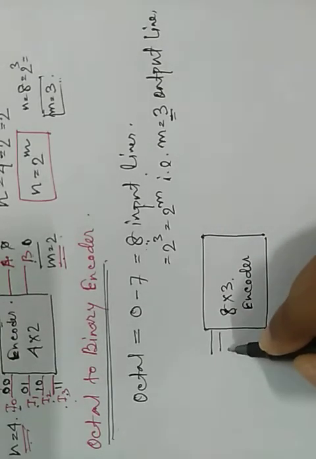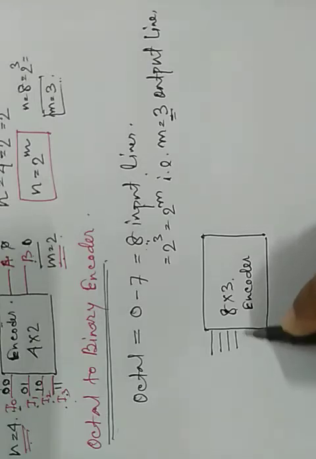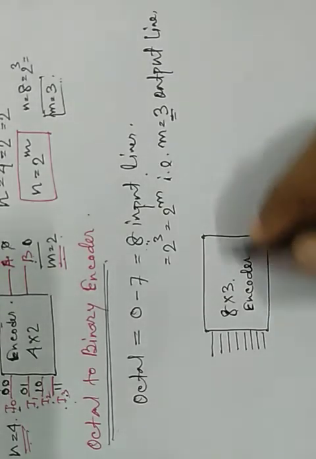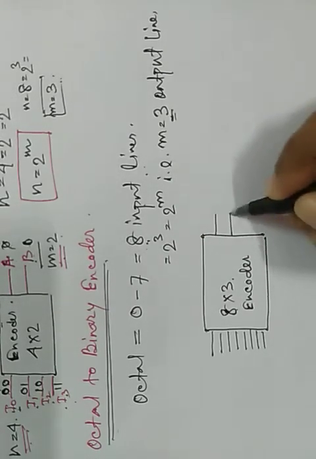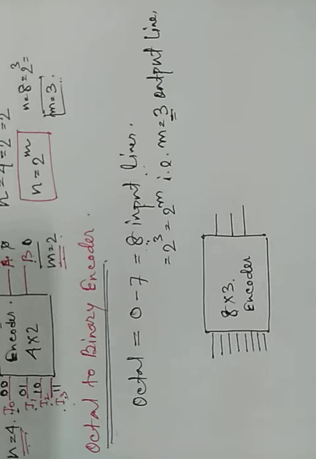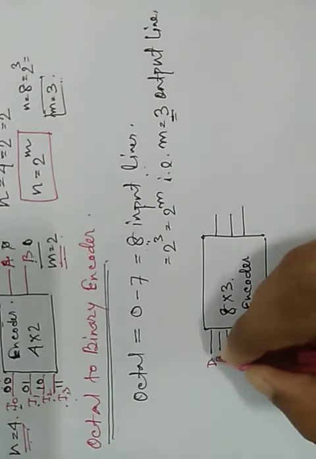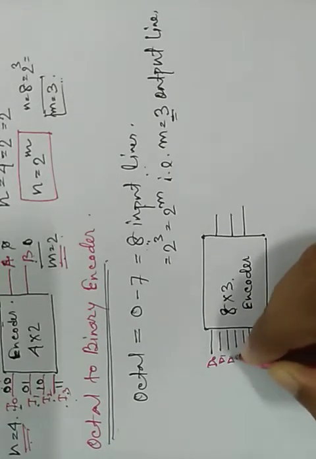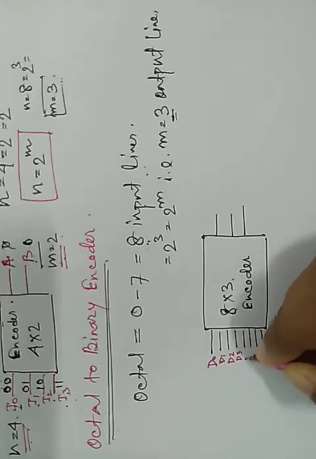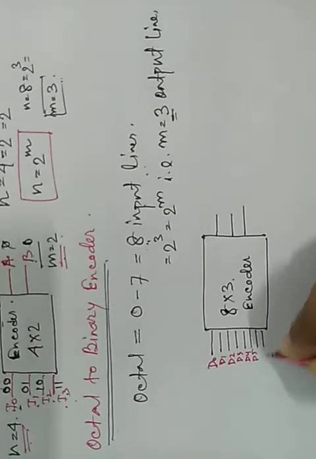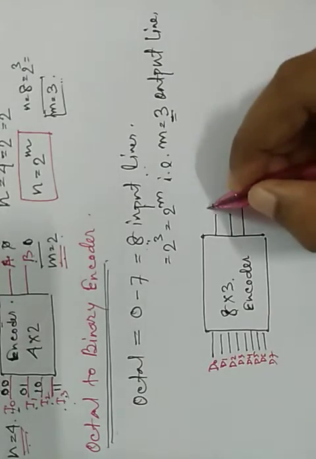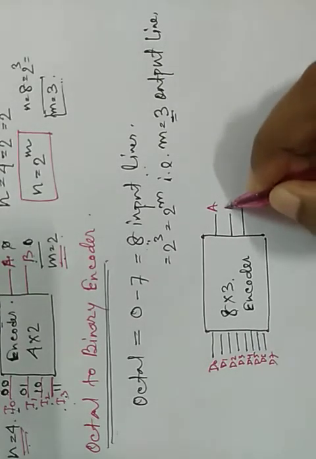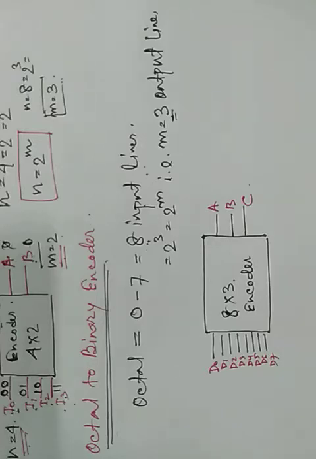Here 8 input lines are there and 3 output lines. Input lines are D0, D1, D2, D3, D4, D5, D6, D7, and output lines are A, B, C.